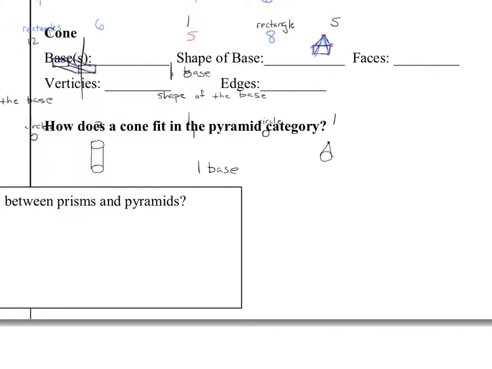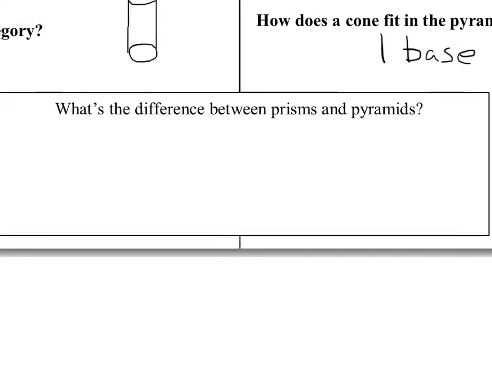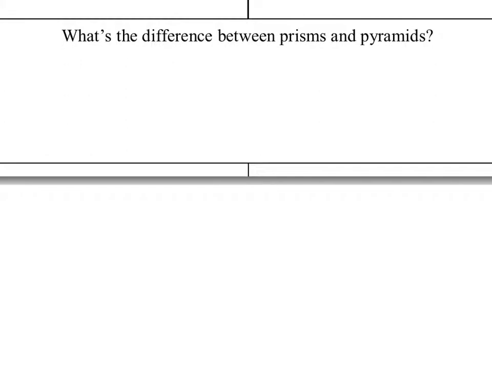So let's look over here at this last question. This is kind of one of our key points for today. What is the difference between prisms and pyramids? How can we distinguish the difference between prisms and pyramids? What one identifying feature can we use to determine whether a shape is a prism or a pyramid? Renee. A prism has 2 bases and a pyramid has 1.